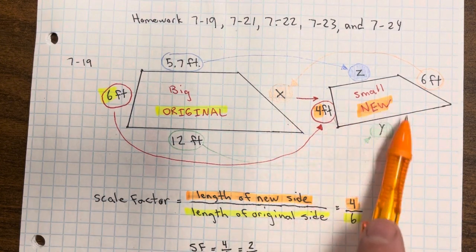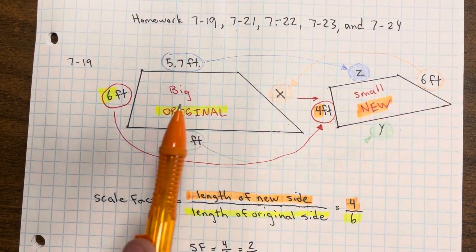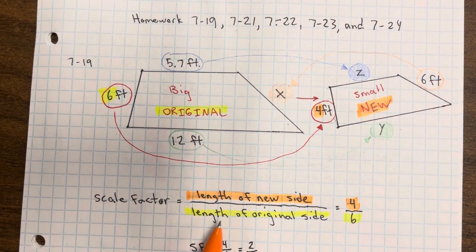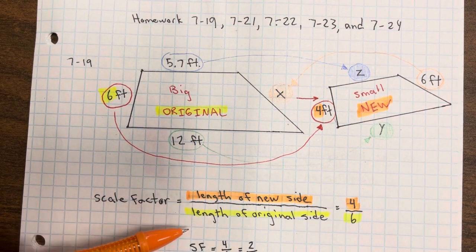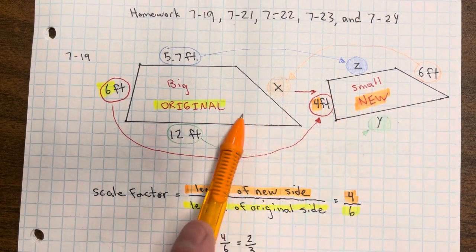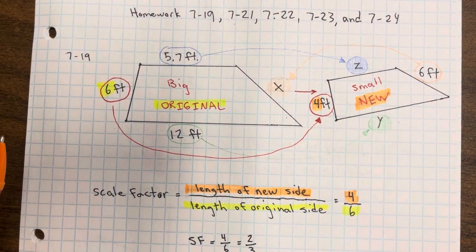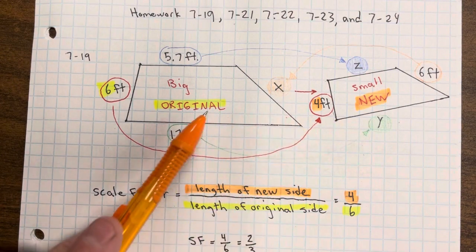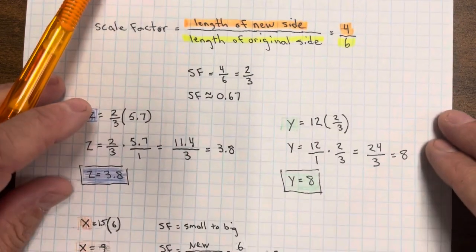The small will now be the original, and the big will be the new. So we have the length of the new over the original. Since we're going from small to big, the scale factor is going to have to be greater than 1, because it's increasing in size.